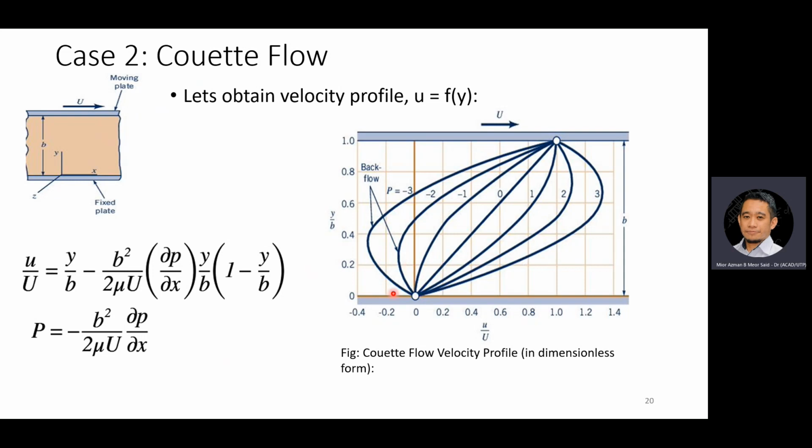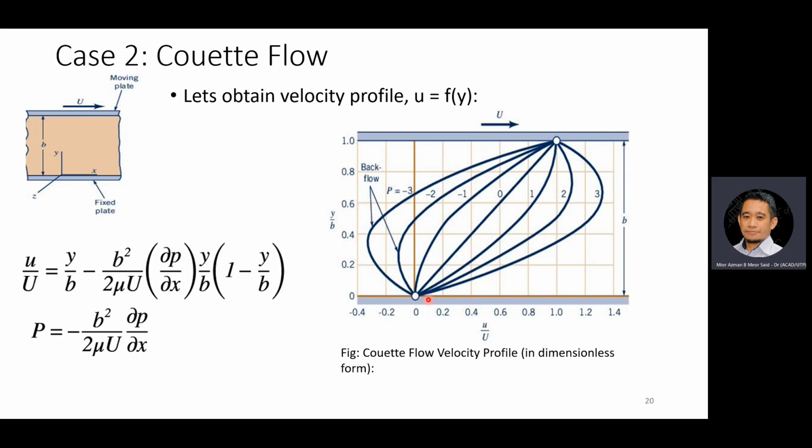Right, so this is what happened here. If you change the value of P here, you plot the velocity function u. We have a fixed plate and a moving plate. Here, if P equals 0, it becomes linear. P equals 0 means pressure gradient equals 0, you are just left with y over b. You have a linear velocity profile.